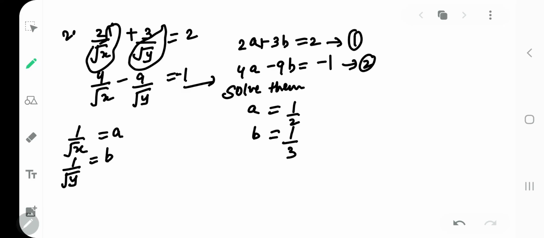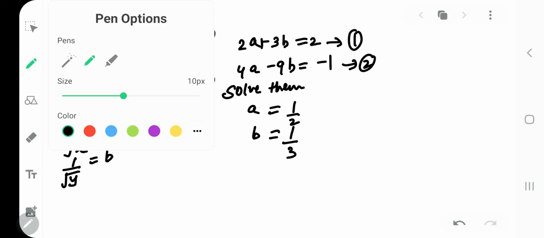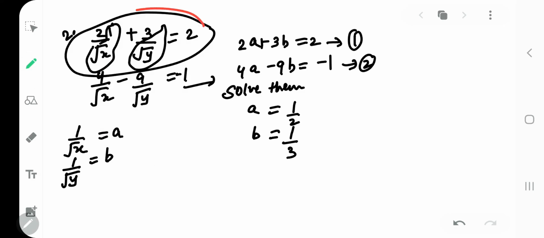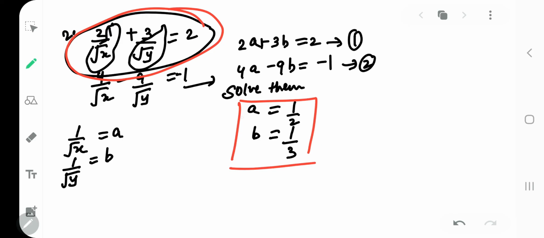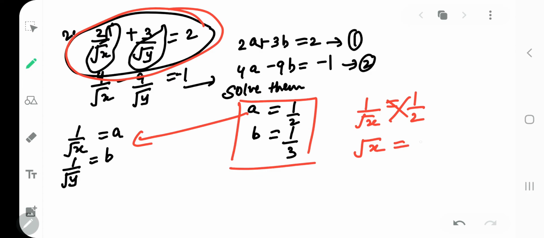But my dear kids, my problem started with root x and root y. How will I give the answer in the form of a and b? No. So what was a? A was 1 upon root x. So I'll keep 1 upon root x as half. I'll cross multiply so that I get root x as 2.